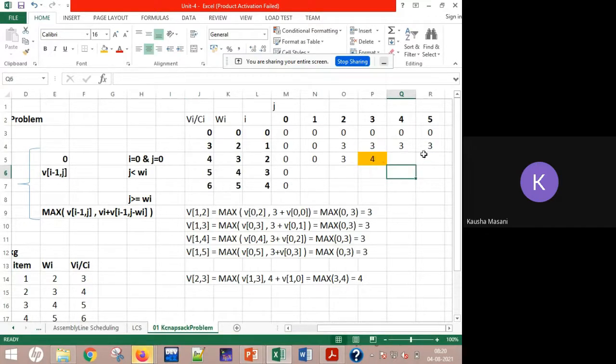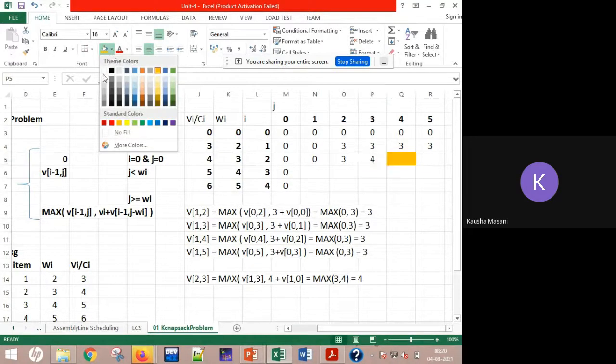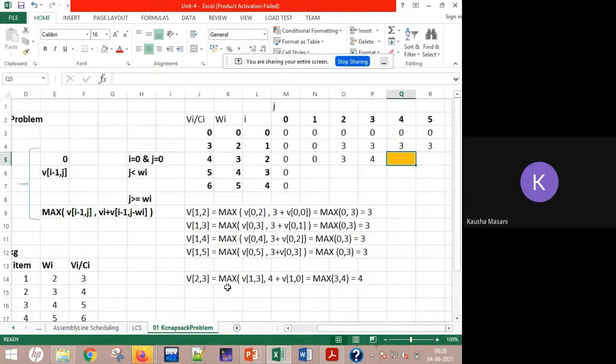Compute the next cell quickly. V of 2 comma 4. Again, we'll go with the max. Now I'm not repeating why. Please understand. And if you don't understand, don't hesitate to ask. I'm assuming that now you get how this whole thing is working, but even if you don't understand, please don't be shy or hesitant.